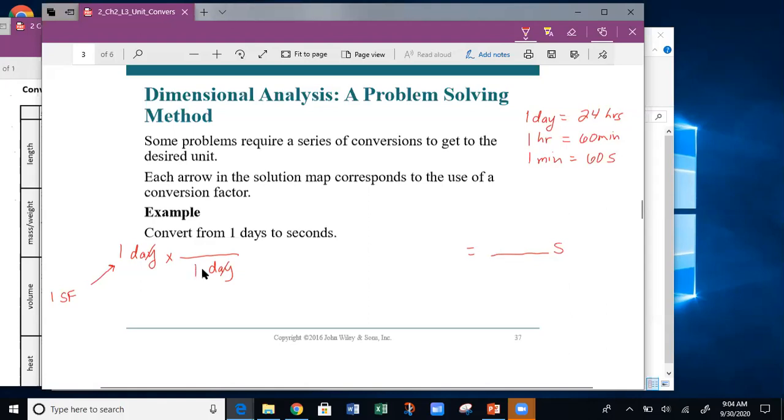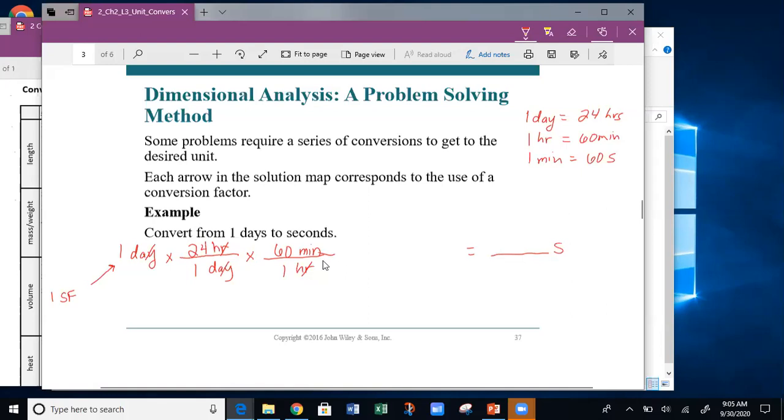And what I know about a day is that it's 24 hours. If I was solving for hours, I could stop the problem right now, but I'm not. So I need another step. And I have to have hours in the denominator of the next conversion factor so that I get unit cancellation. I know that 1 hour is 60 minutes.